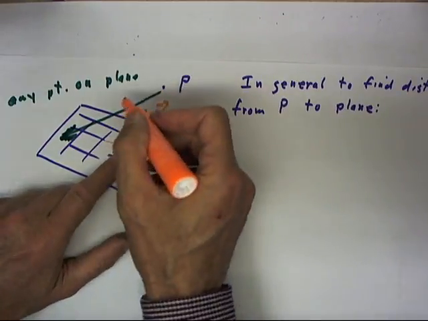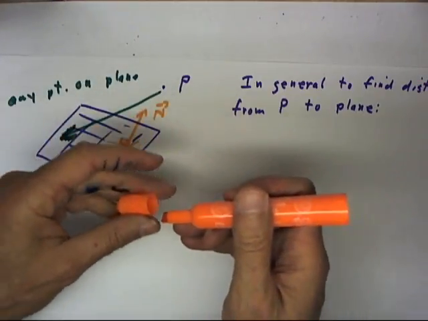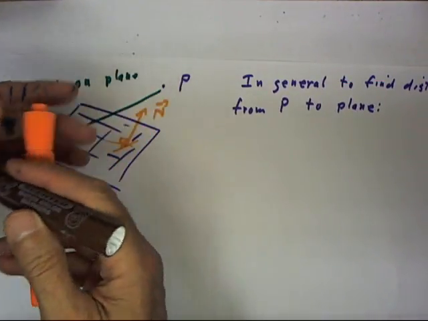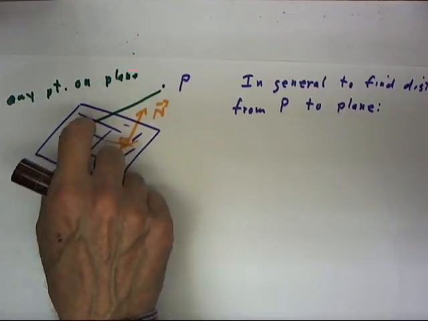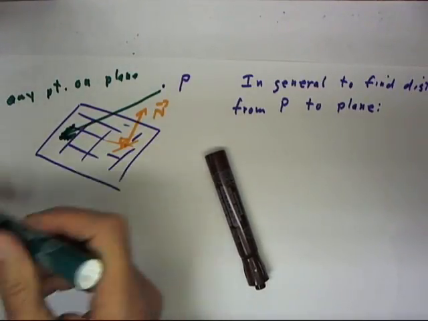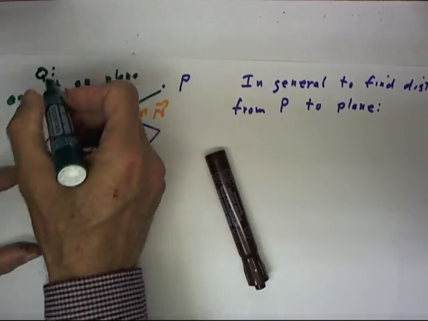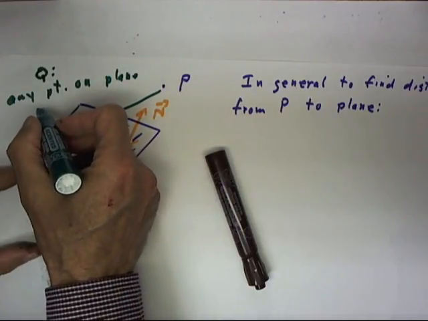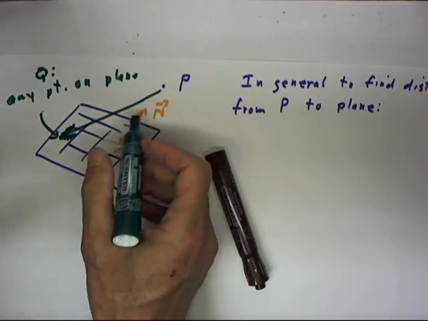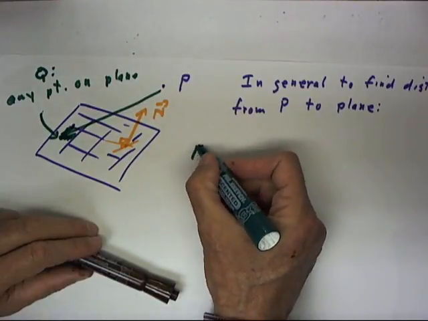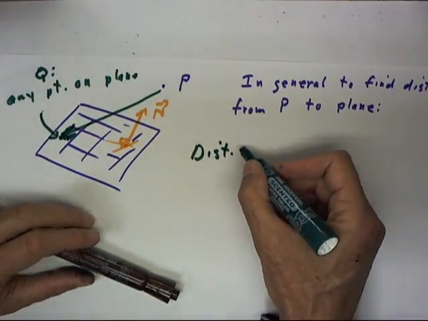Okay, so we have any point on the plane, we have our normal vector, and our distance is just the projection of this vector, which I should probably name. Let this point be Q. And this point is P. So the distance is very easily found.